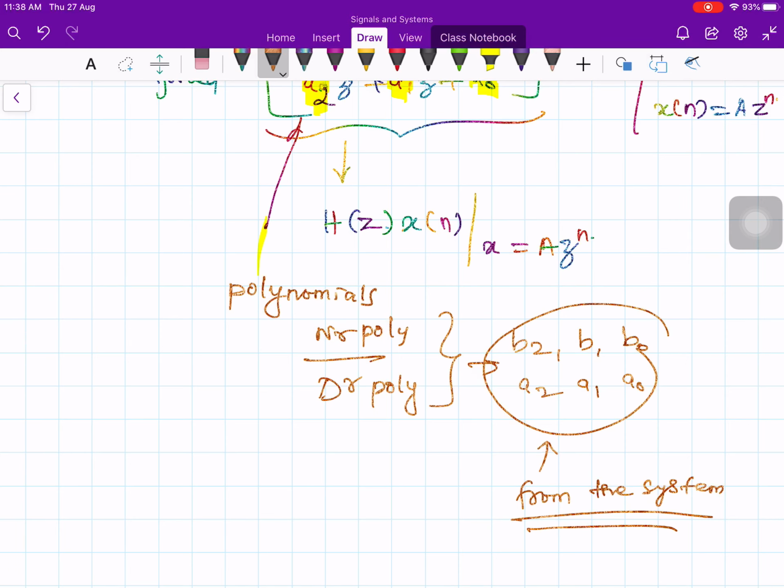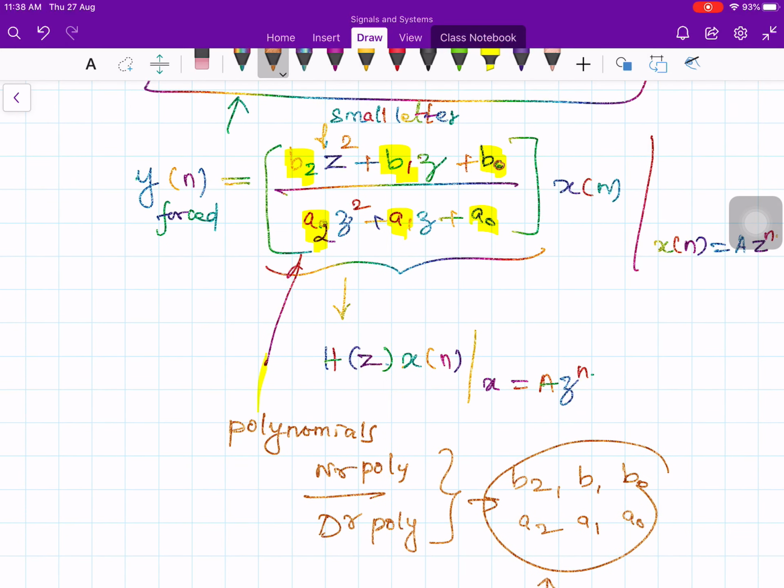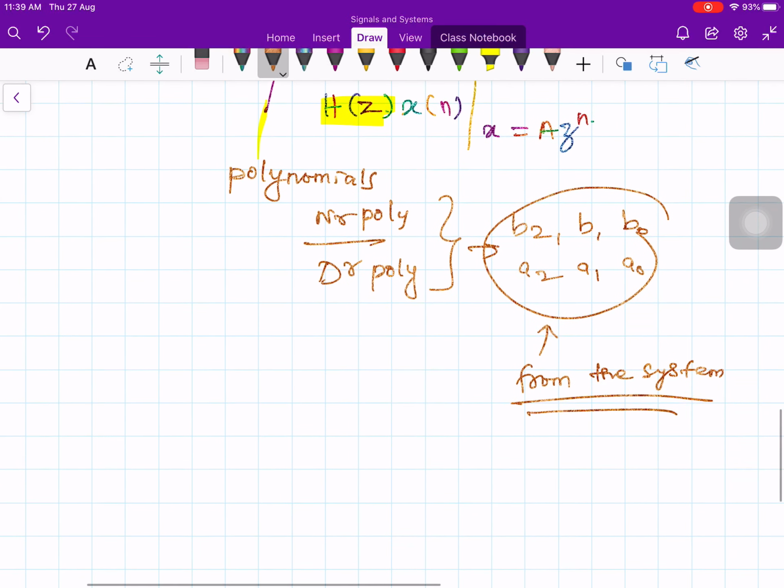So once again this numerator polynomial by denominator polynomial is called H of z, and H of z is called the discrete time system function.